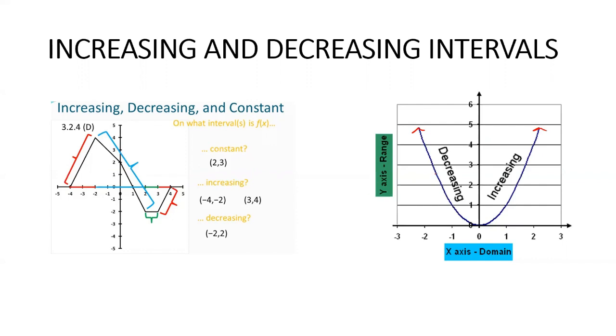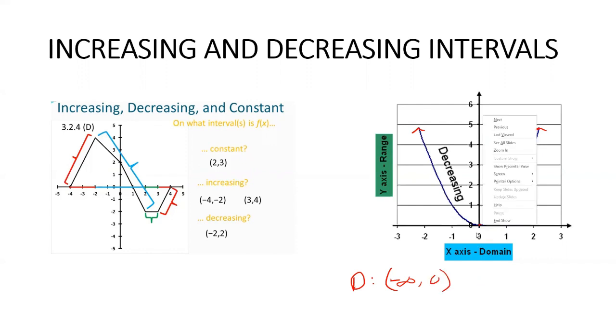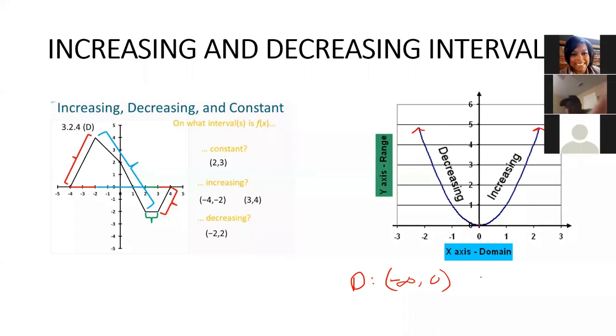So when I'm writing increasing and decreasing on the interval, my decreasing is going to be from -infinity up until 0, because that's where I stop decreasing. And then from 0, I start increasing, 0 to +infinity. Any questions on increasing and decreasing on the intervals?